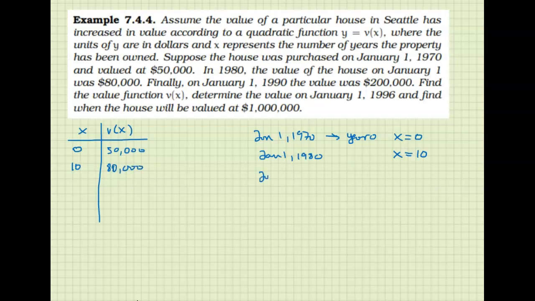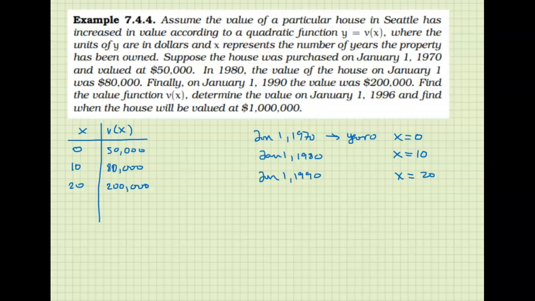Finally, January 1st, 1990, this is 20 years after, the value is $200,000. You can see that this is not linear growth, because in the first 10 years it goes up 30,000, but then in the next 10 years it goes up 120,000. So definitely not linear growth.